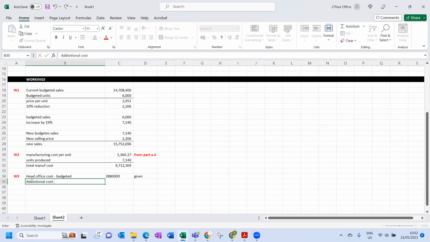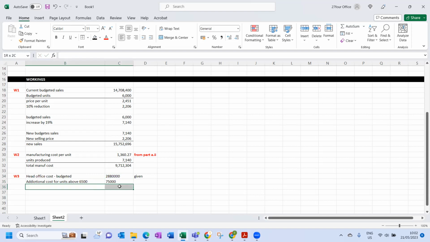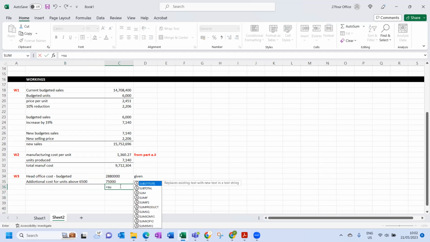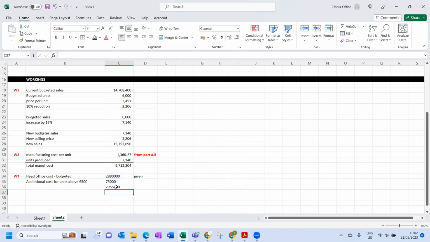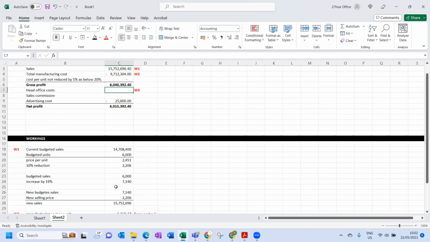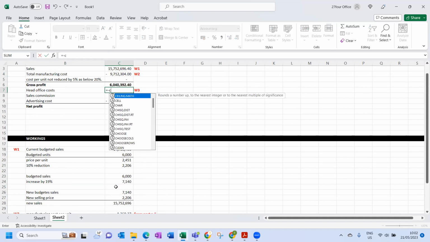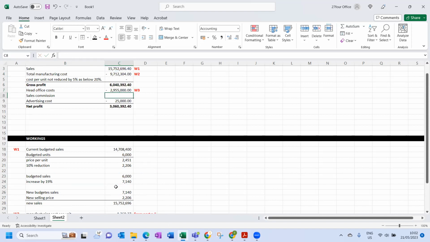Additional costs for units above 6,500 was 75,000. So the new cost is going to equal the sum. That is C36, so here I'm going to say equal negative C36. There we go with that.